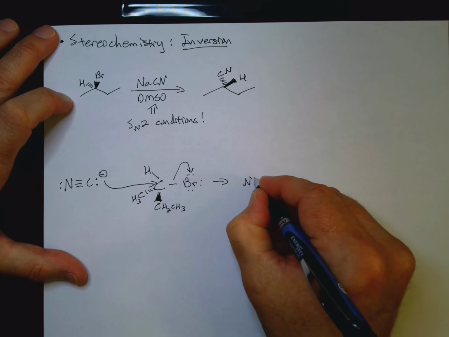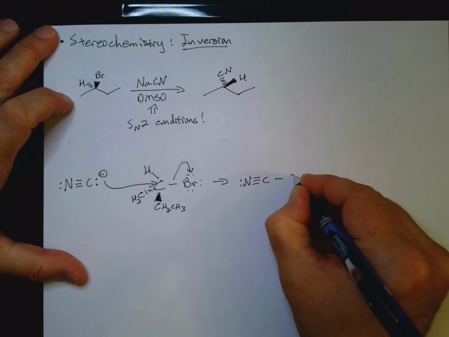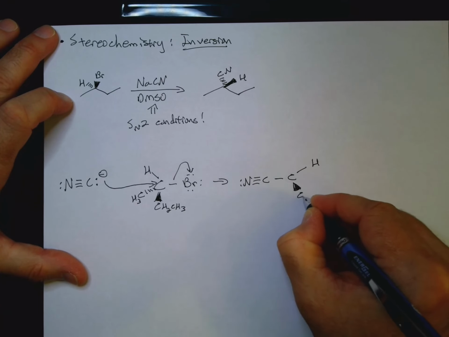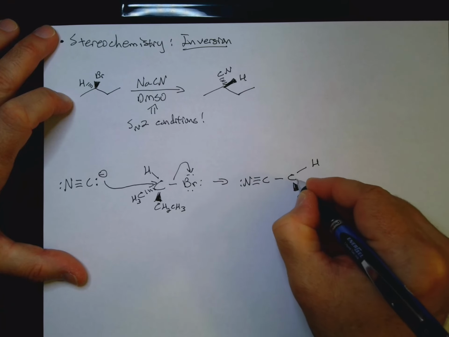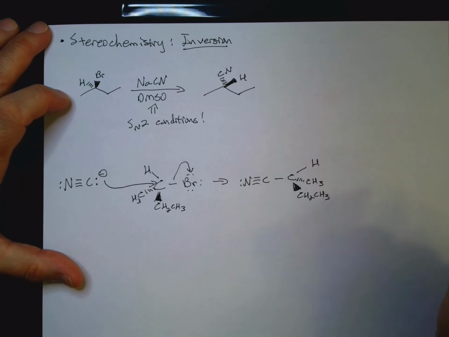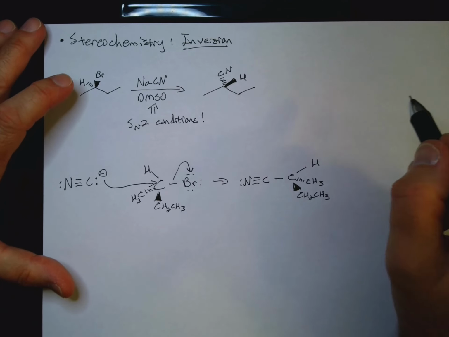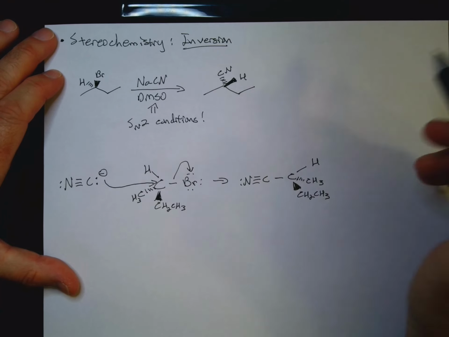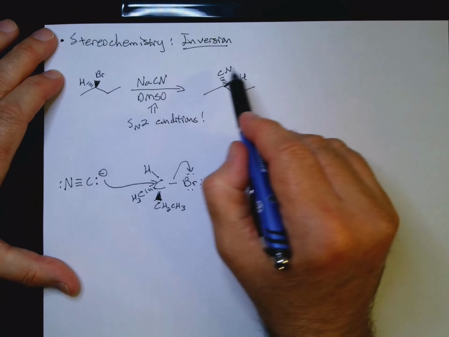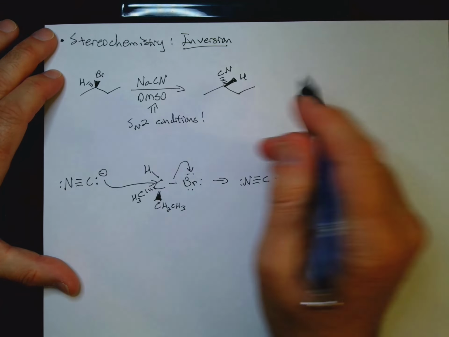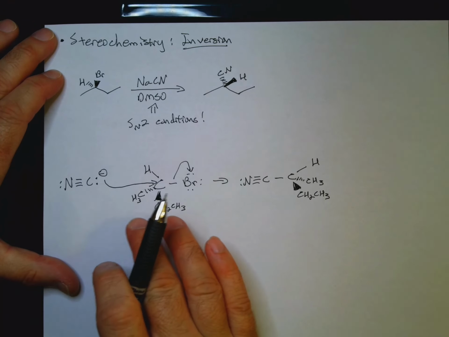And then what we have is N triple bond C, single bond C, H. That guy has been flipped over, CH2, CH3. And then the CH3 there is in the back. If you were to determine the configuration, in this case, for example, this guy is R, and then this guy is S. So we get an inversion of stereochemistry.